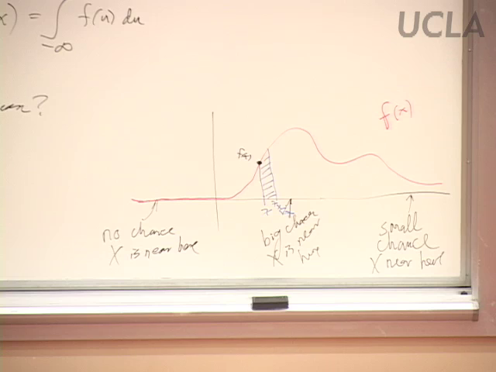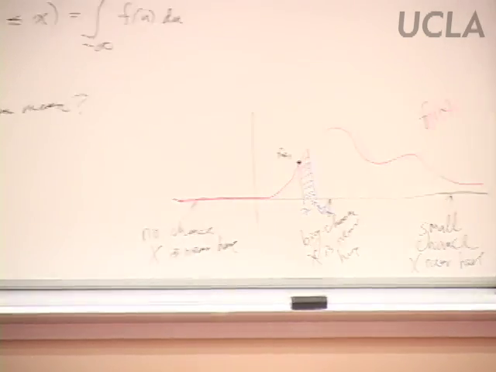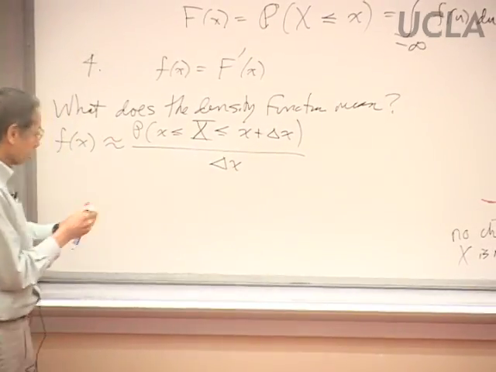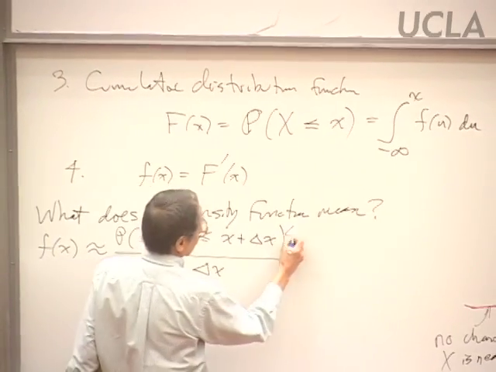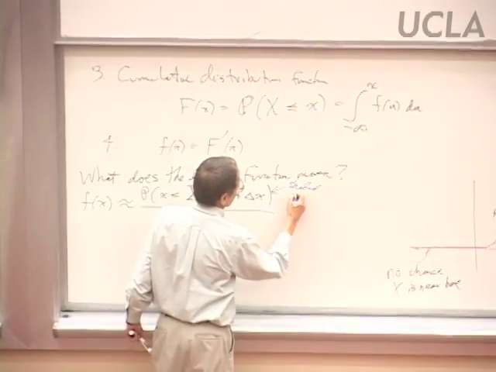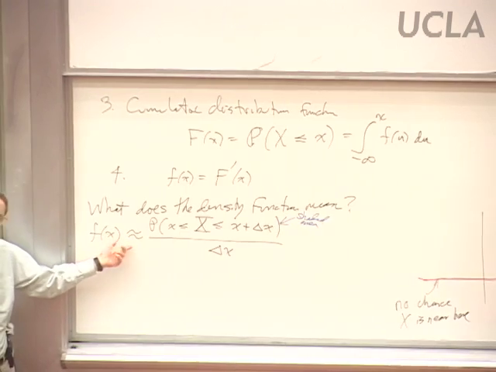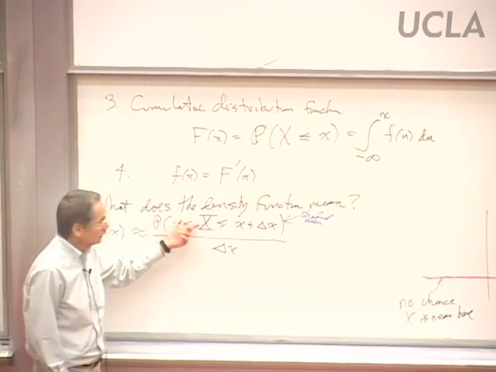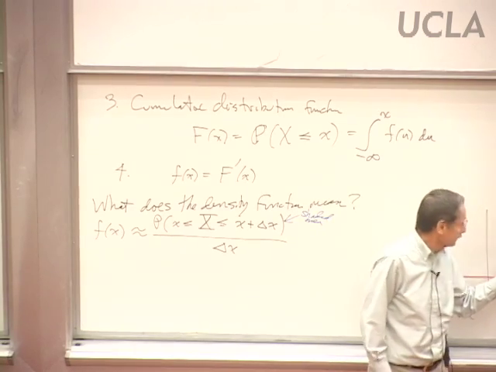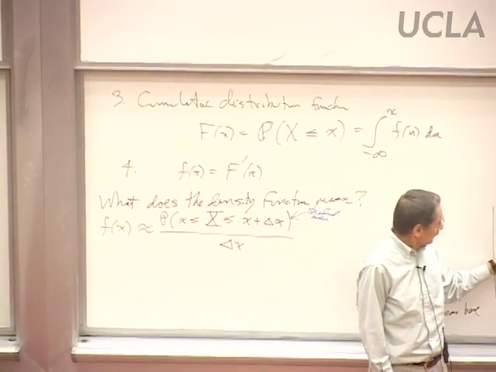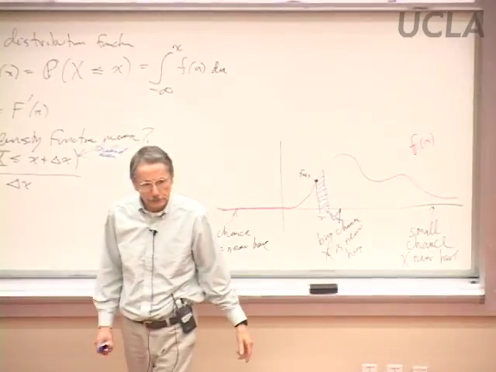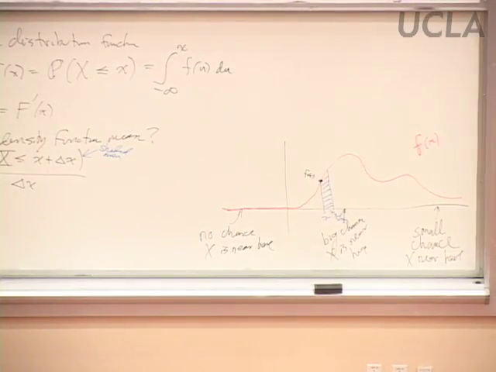So let's write that down. Let's write the capital X so we can make sure it looks different from the little x. Well, it's an approximation because this isn't exactly a rectangle. But for small delta x, this height f of x will be roughly that area divided by the base.